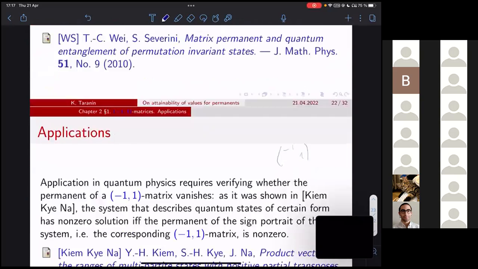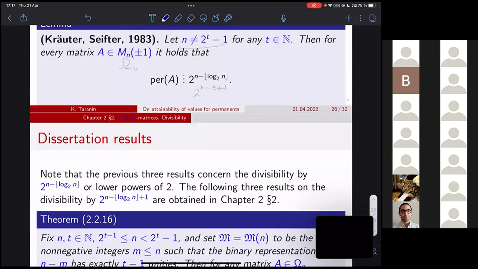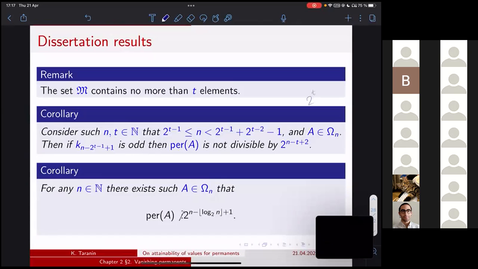For instance, for n of the form 2 to the power of t, it is just k1, which is just the number of negative entries of the matrix.